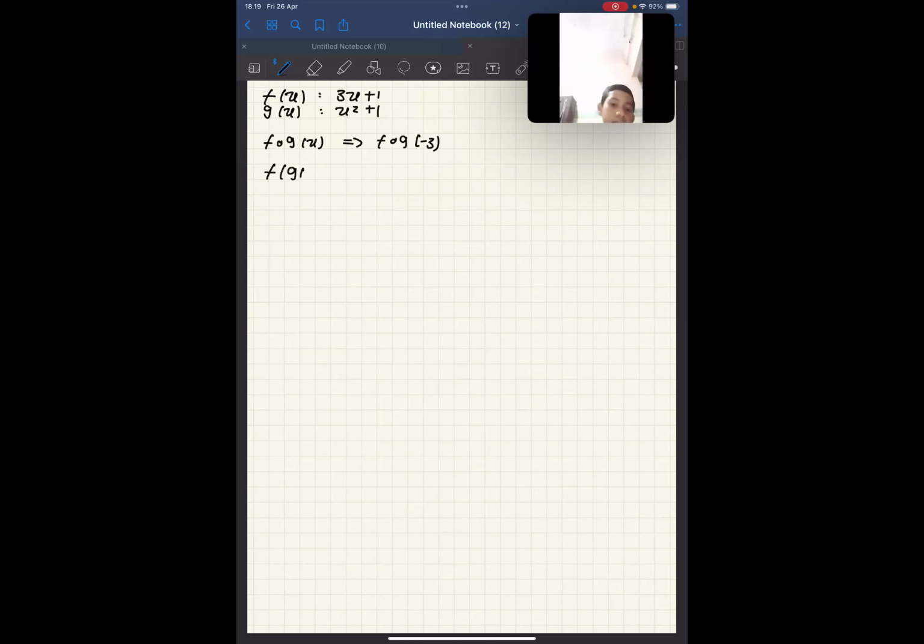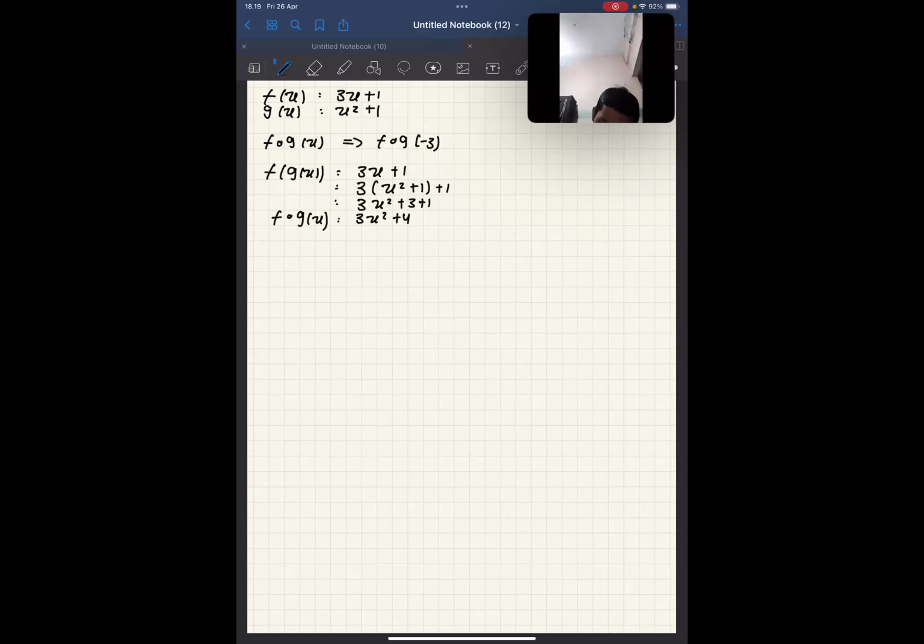The f itself is 3x plus 1. Insert the x with the gx, so 3 times x squared plus 1, plus 1. This equals 3x squared plus 3 plus 1, 3x squared plus 4. This is the value of f of gx.